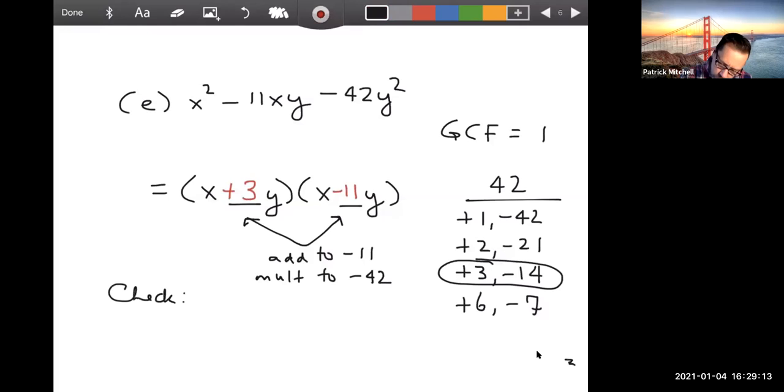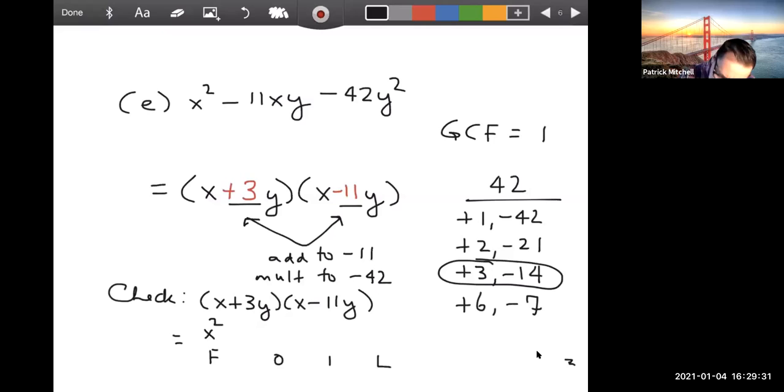So just like with the other examples, you check this by foiling it. So first, outer, inner, last. For x times x is x squared. X times minus 11y is, I'm sorry, that's a typo. 14, it's not supposed to be. See, that would have come out in the check, right?